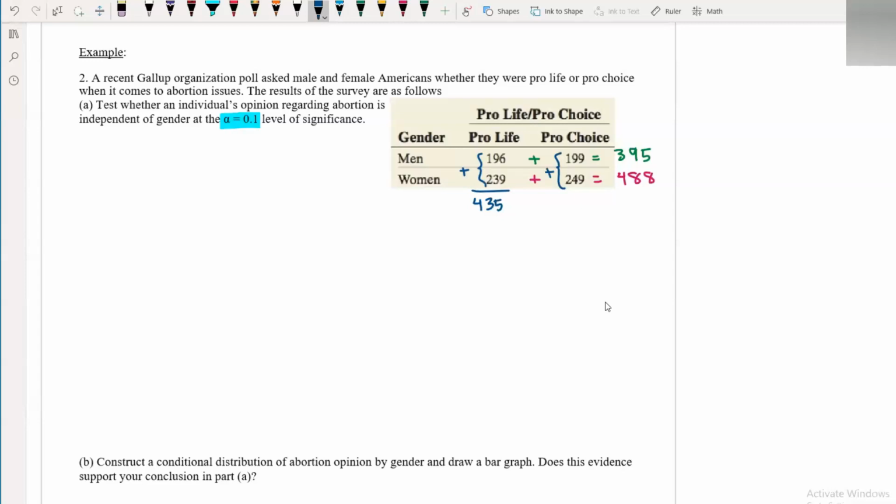And here we have 448. And our sample size, we can add 395 plus 488 to find total, or 435 plus 448. Again, you're going to have same answer, 883. This is what we have for sample size.